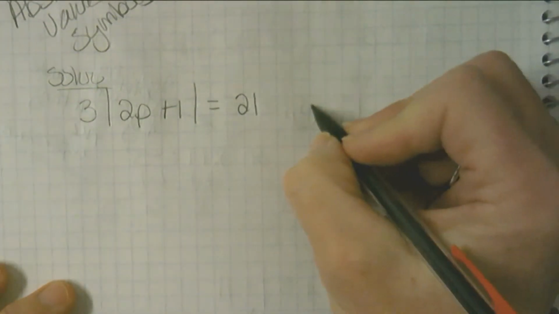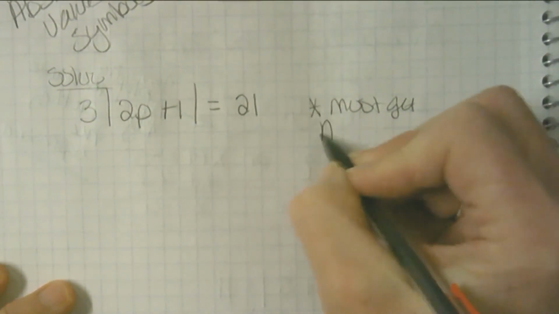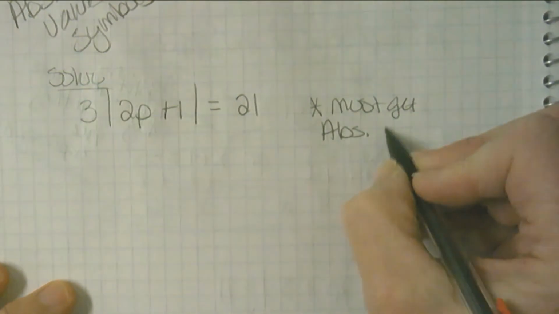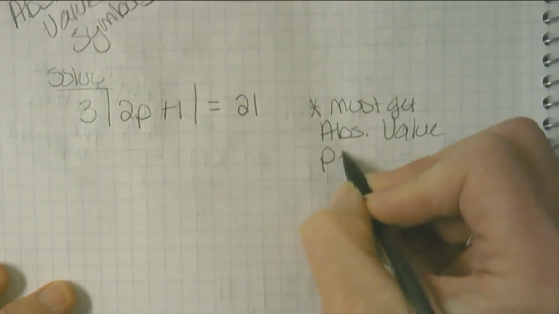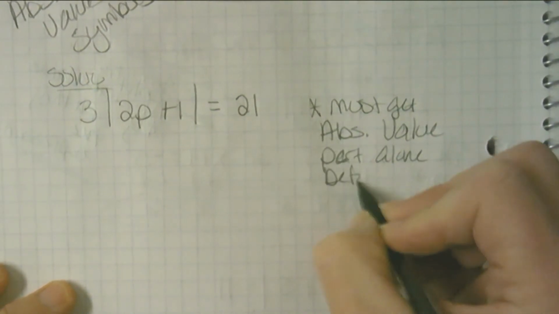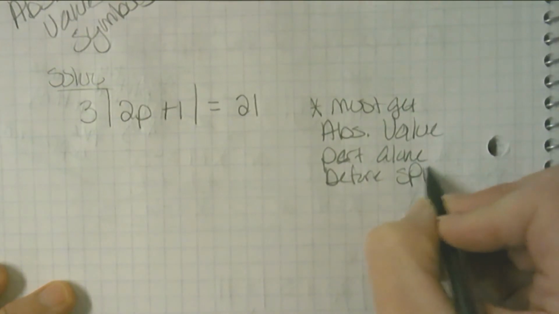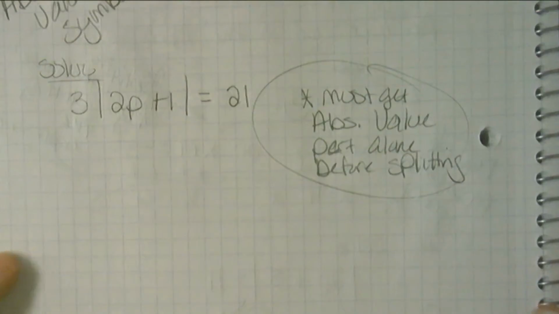Now, let's not forget: don't start anything until you've written this down. Must get the absolute value part alone before splitting. Must get the absolute value part alone before splitting.